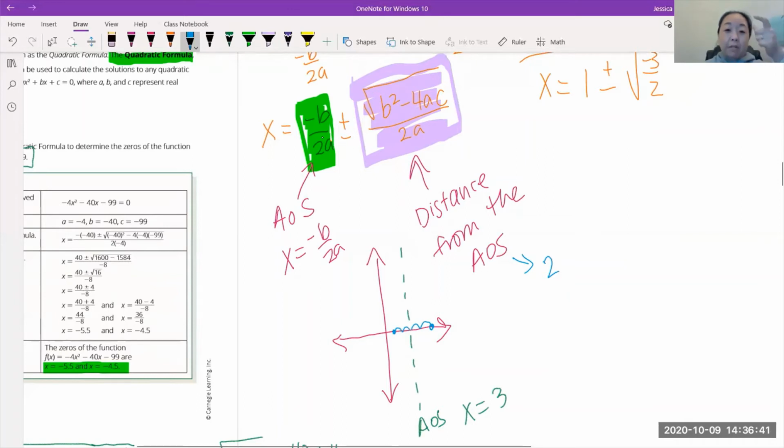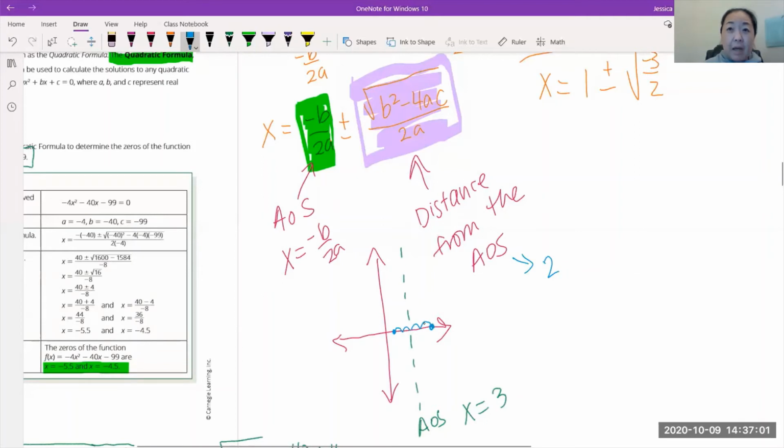So that's why you have the plus or minus. You do it once with the plus and once with the minus, and those two, the blue dots, are going to be your two roots. That's all it means. Plus 2 on the right, minus 2 on the left. That's why we say plus or minus 2.